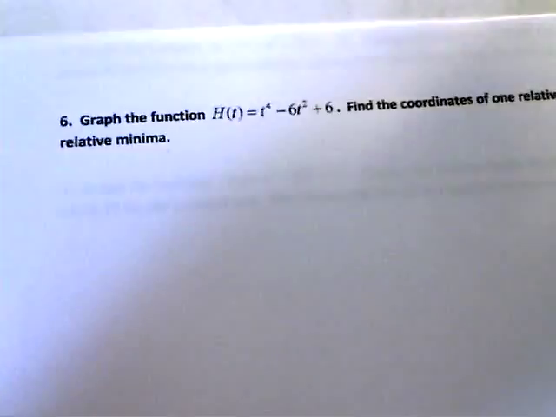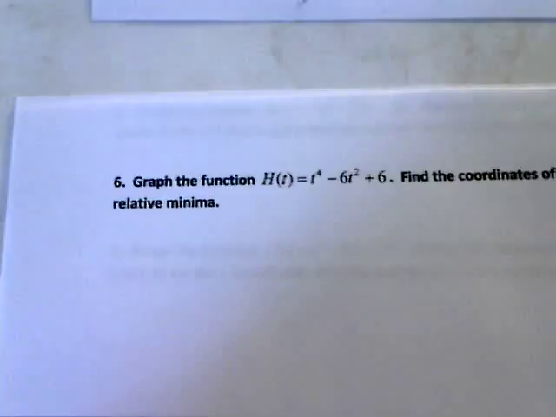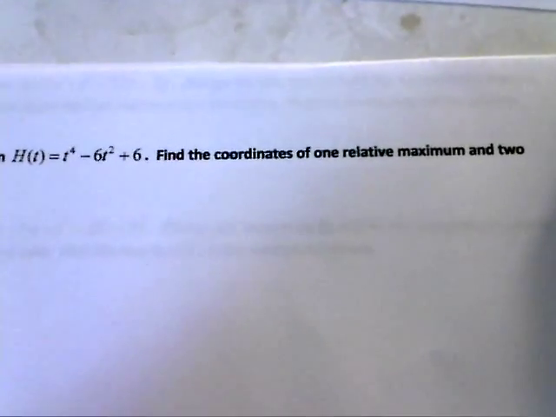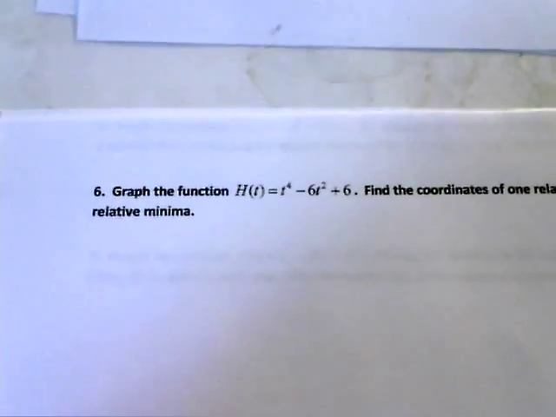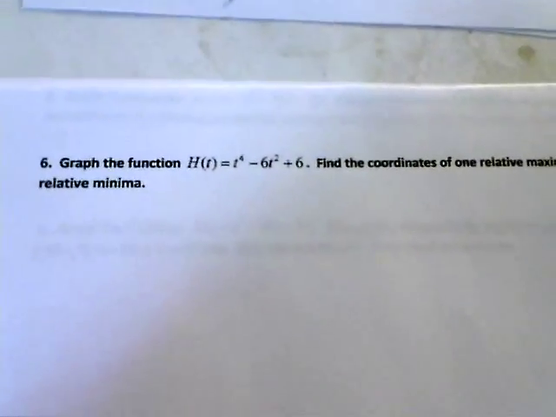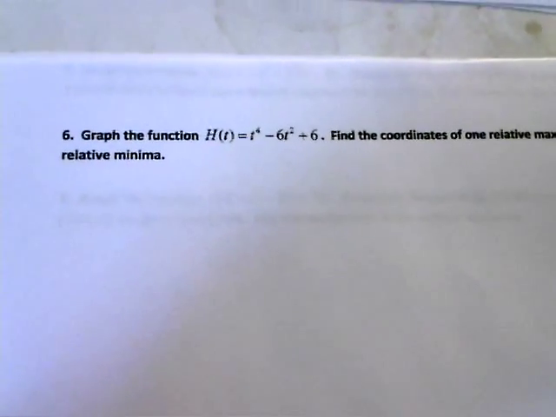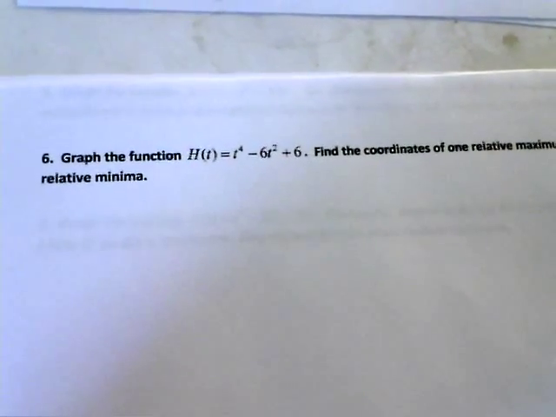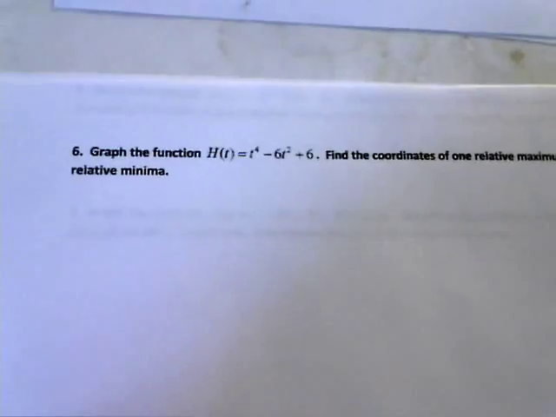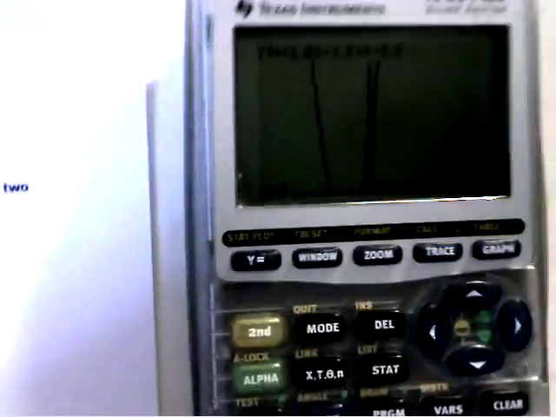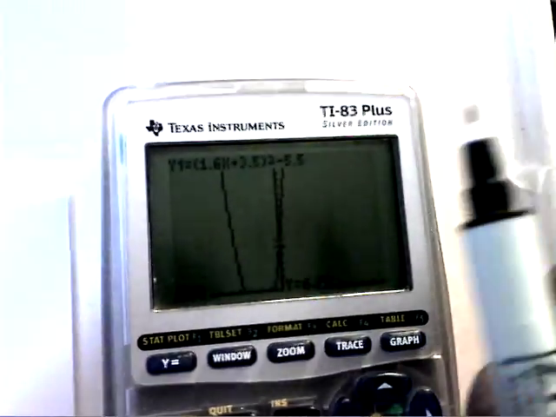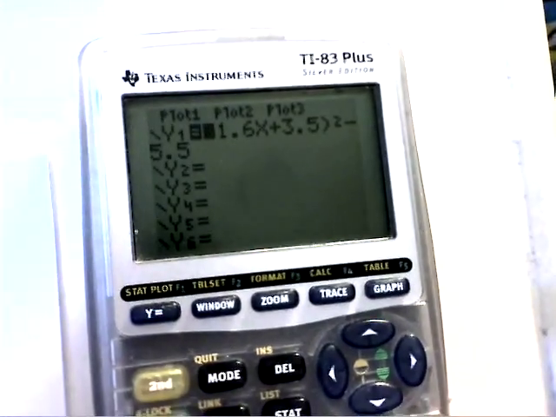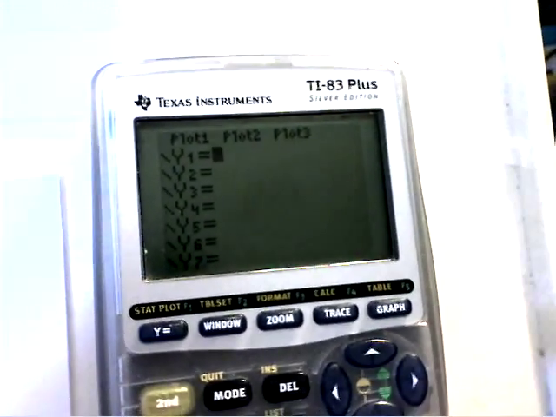Alright, number 6. We're going to find one relative maximum and two relative minima. We're going to graph the function h of t is equal to t to the 4th minus 6t squared plus 6. Let's go to our calculator, press y equal and clear this equation out.